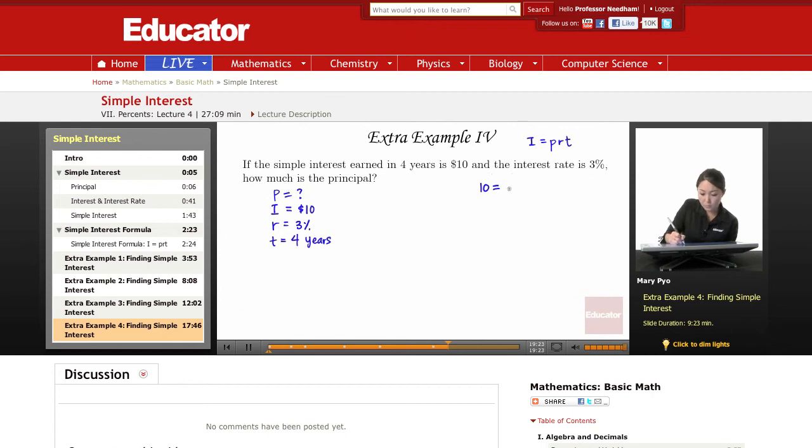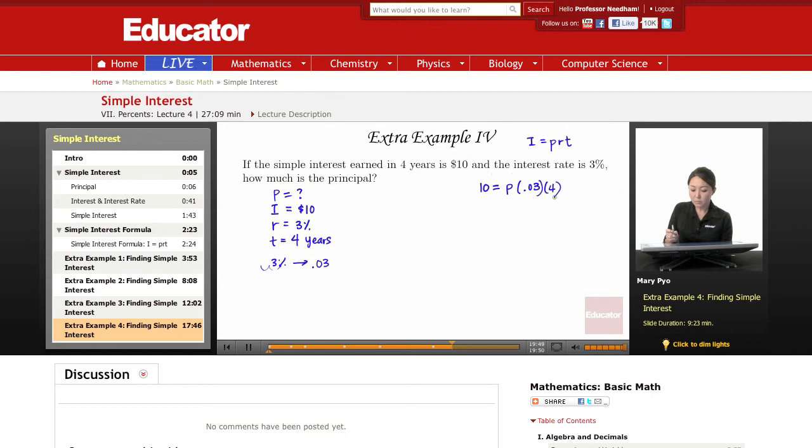So leave in P because we don't know what P is. R. R is 3%. So we can replace R. 3% becomes 0.03. And then T, time, is 4.